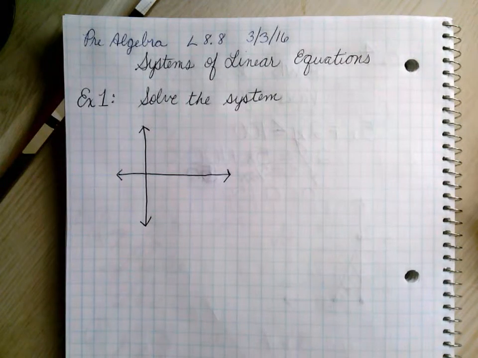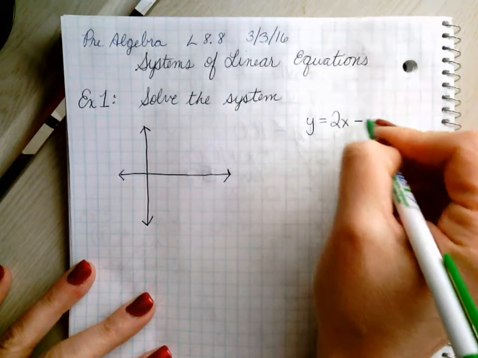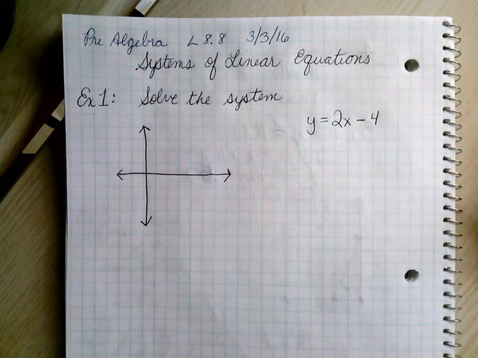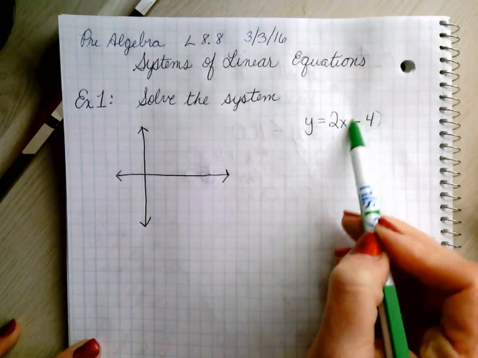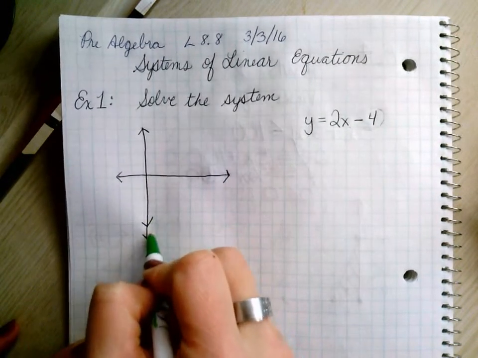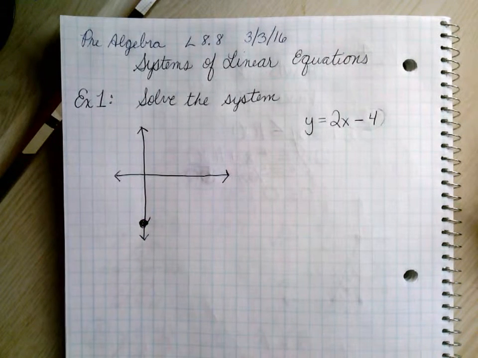So y equals 2x minus 4. Is it in slope-intercept form? Yes. So that means this is the what? Y-intercept. 1, 2, 3, 4. That's the y-intercept.